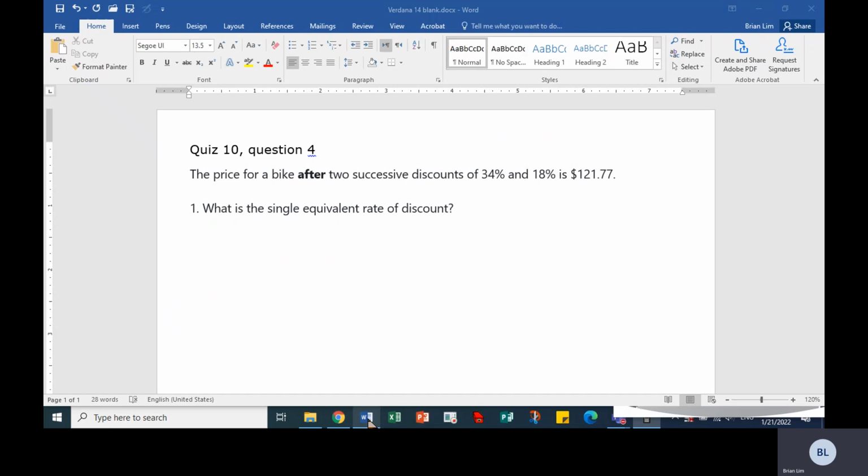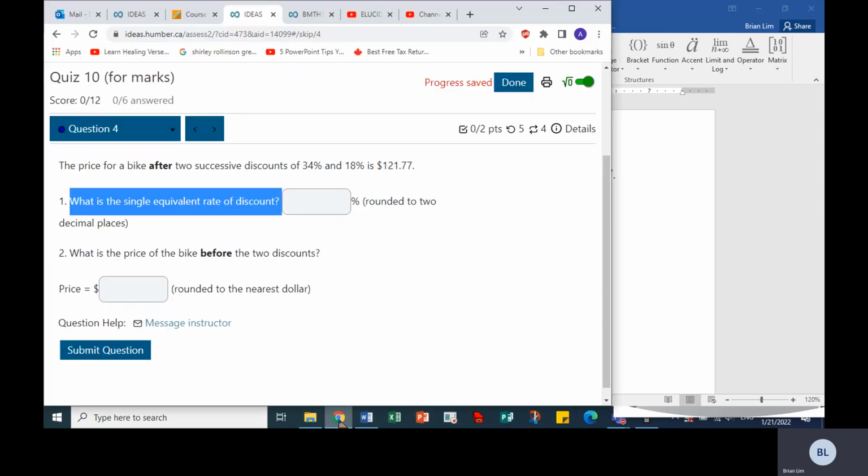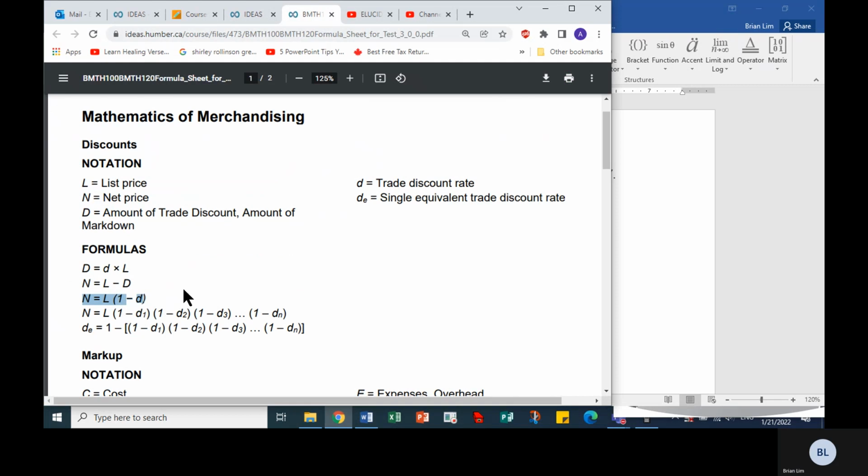Okay, so let's go to the question. So that is the question right there. Now, to get this single equivalent rate of discount, we will go to the formula sheet, which is right here.